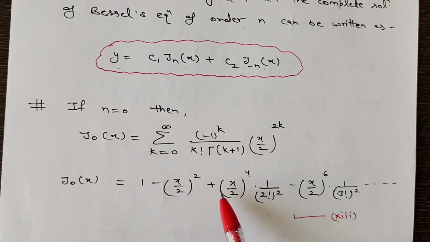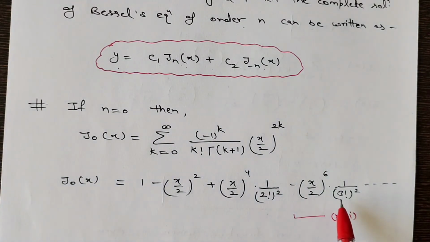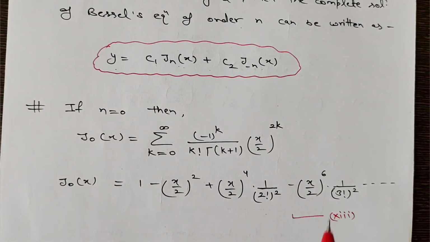Similarly for k equals 2, it will be plus x by 2 raised to power 4 into 1 by 2 factorial whole square, minus x by 2 raised to power 6 into 1 by 3 factorial whole square, and so on. This is equation 13, and this is the expression for J naught of x.